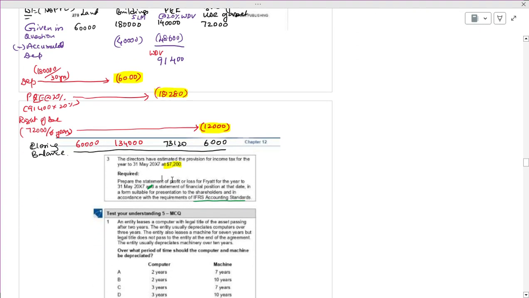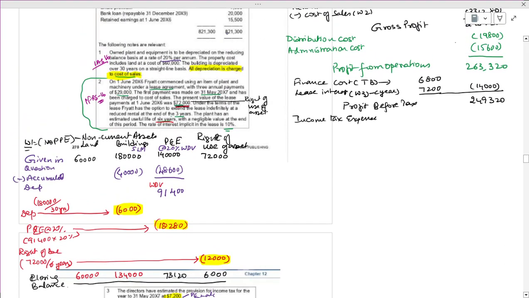We have to show it in two places: in the profit and loss account and also in current liabilities.